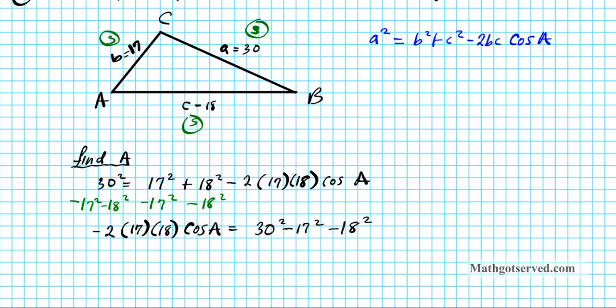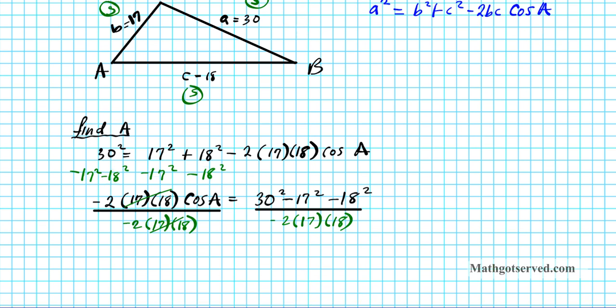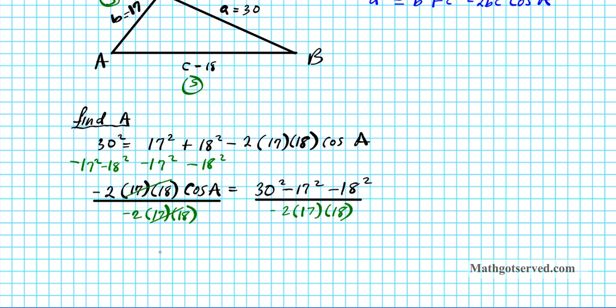Okay, and then we'll divide both sides by the coefficient of cosine A, negative 2 times 17 times 18. That cancels out, and then we have cosine A is equal to this expression.